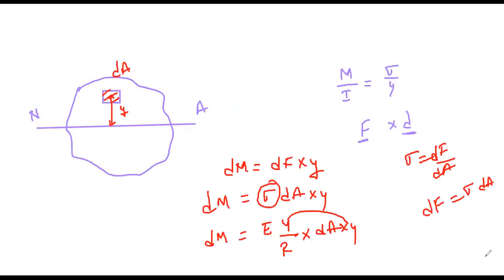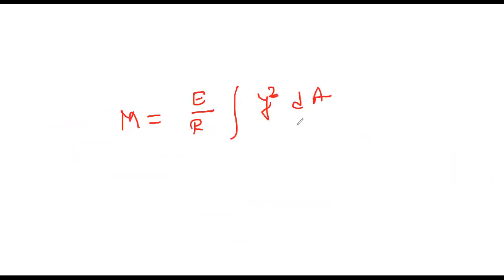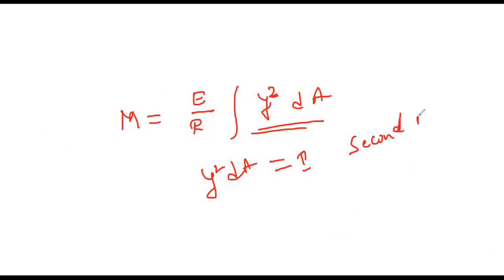This integration of y square dA is nothing but the moment of inertia, or you can call it the second moment of inertia. So M is equal to E by R into the integration of y square dA, which is nothing but I.